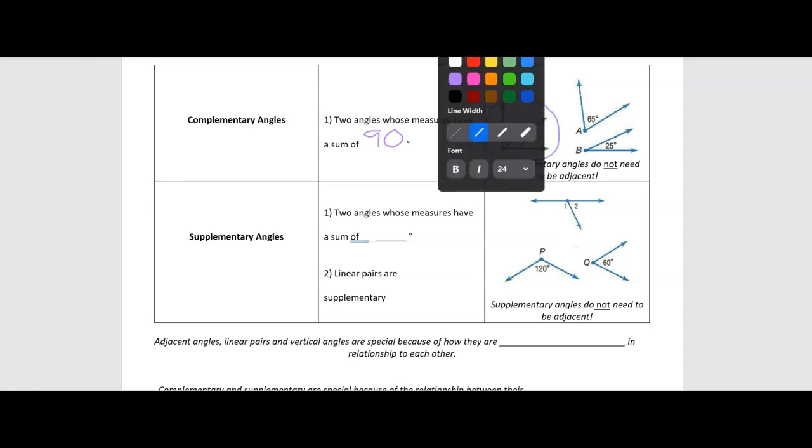So we have one example here, right? This entire angle, let's do something that's easier to see. So the entire angle is a right angle because we have that little box, and it's being split into two smaller ones. So if the whole angle is 90, well, the two smaller ones will have to equal 90, which makes them complementary.